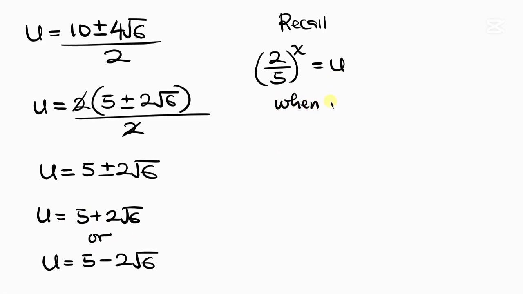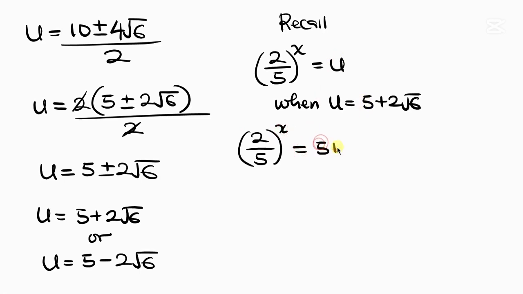So when u is equal to 5 plus 2 root 6, this becomes 2 over 5 to the x equal to 5 plus 2 root 6.